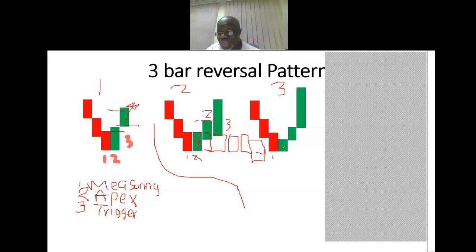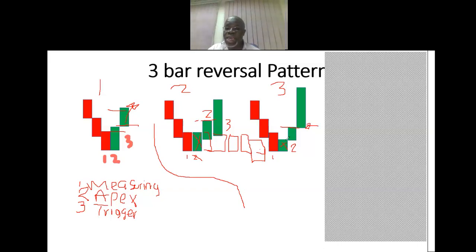The fact that this one has not closed above it, again it becomes null and void. Then this becomes our apex. When it closes above the measuring candle, then you go in.